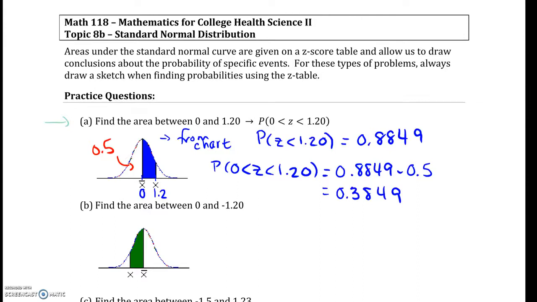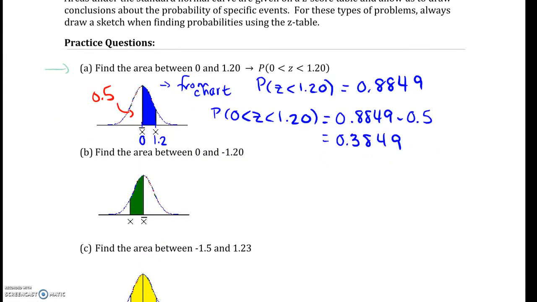If I want to find the area between negative 1.2 and 0, I'll use my values from the chart a little bit differently.